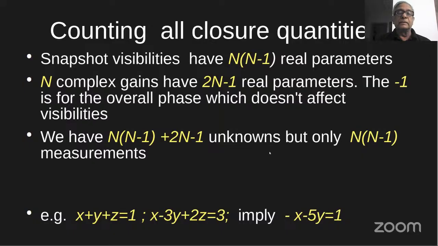Just to make this a little more concrete, think of a very hypothetical radio telescope which has 30 antennas, right? So n into n minus 1 is, I think, 870, and 2n minus 1 is 59. So you have 870 real parameters in the visibilities which you'd like to measure.